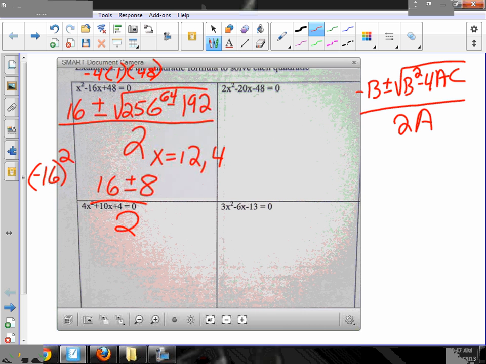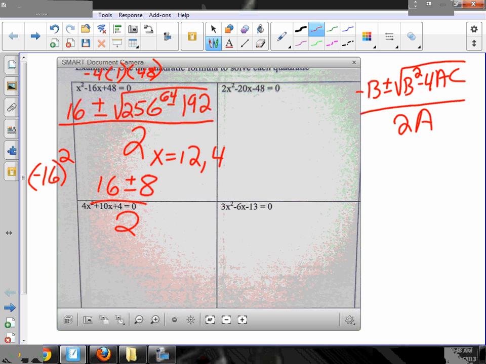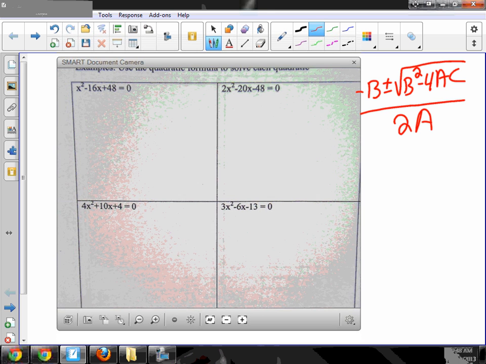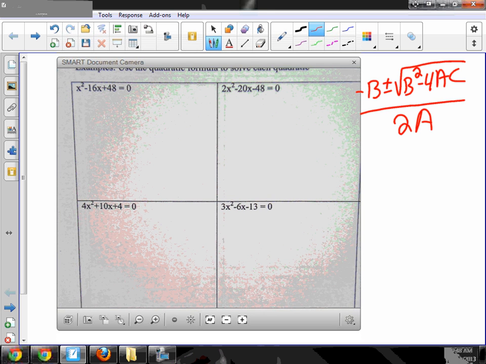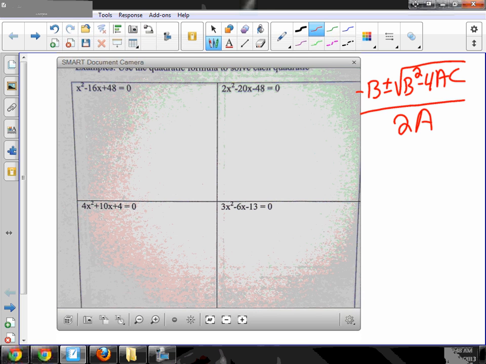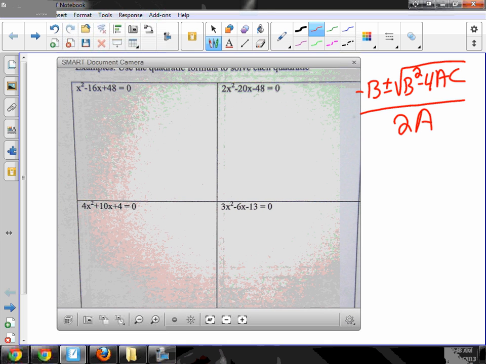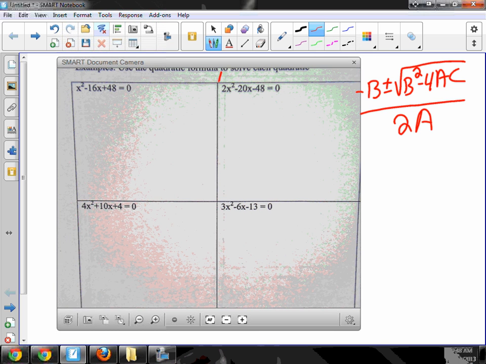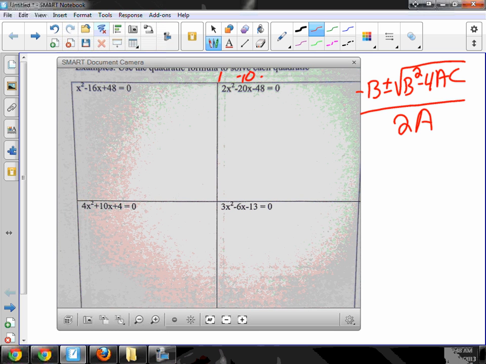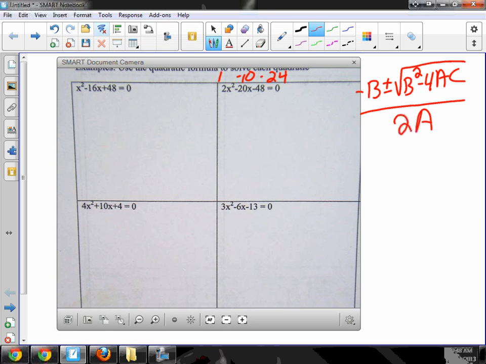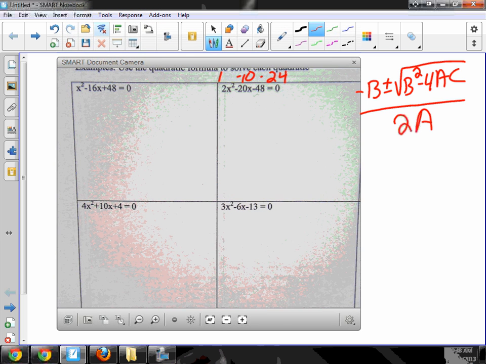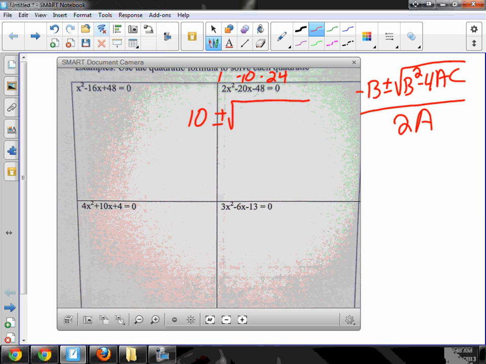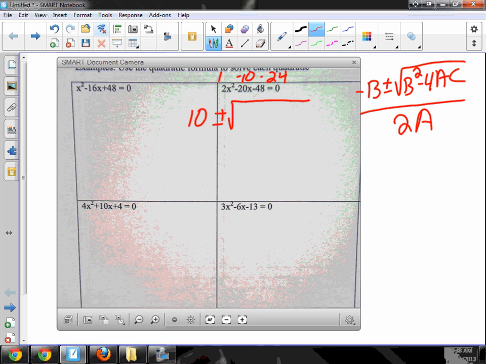Okay. All right. So the next one. The next one can be divided by 2, and remember, if you divide it by 2, that will change the graph, but it will not change the roots. So if I divide by 2, a is 1, b is negative 10, and c is negative 24. So negative b is 10 plus or minus the square root. Negative 10 times negative 10 is 100.